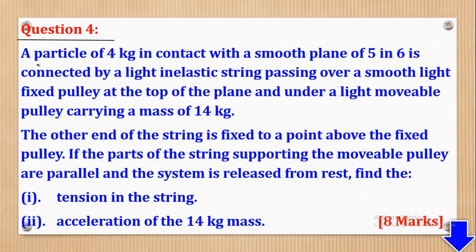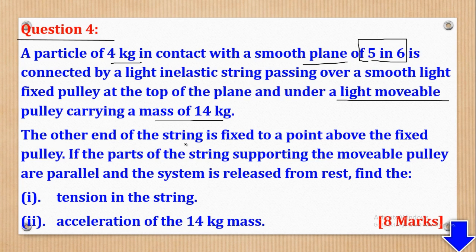Question 4 says a particle of mass 4 kilograms in contact with a smooth plane of 5 in 6, note that word 5 in 6, is connected by a light inelastic string passing over a smooth light fixed pulley at the top of the plane and under a light movable pulley carrying a mass of 14 kilograms.